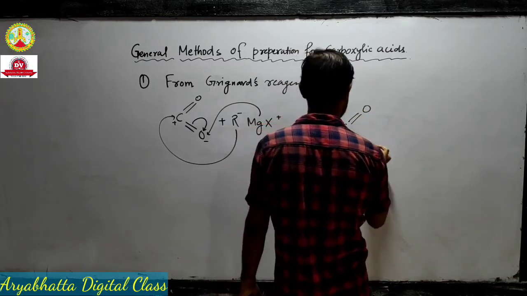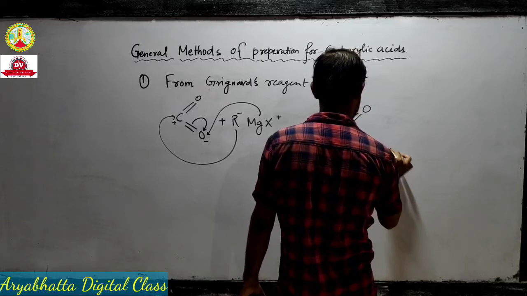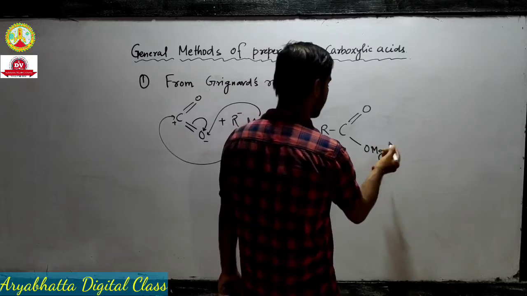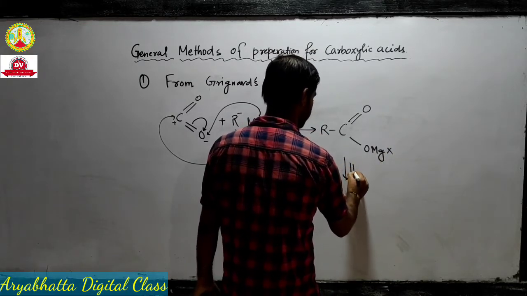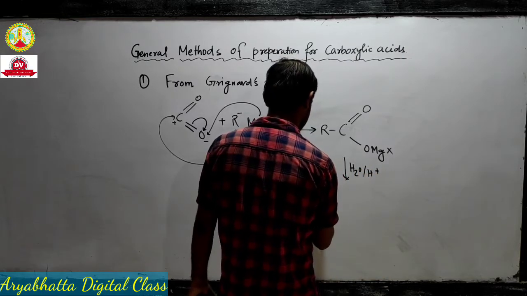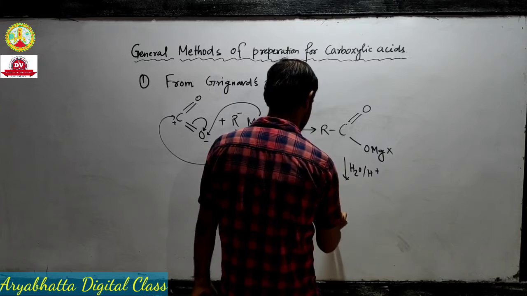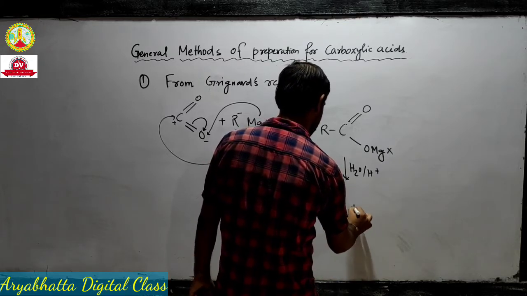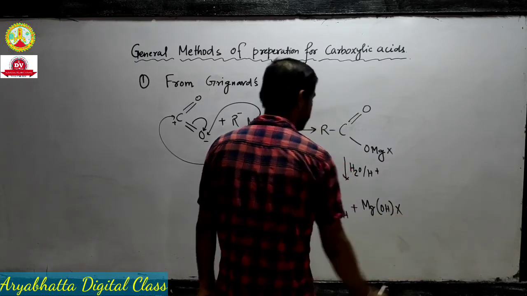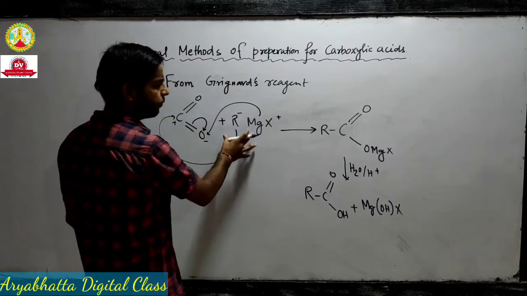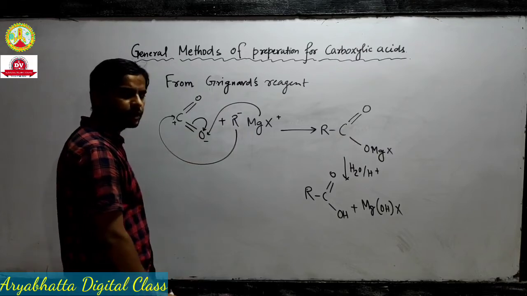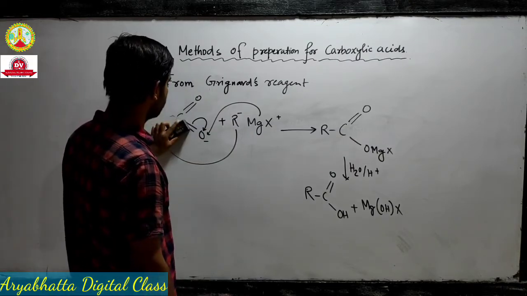Something like this. And we know what happens if we hydrolyze this; we used this reaction in alcohol. So taking different Grignard reagents with carbon dioxide, we can prepare different types of carboxylic acid using this reaction.